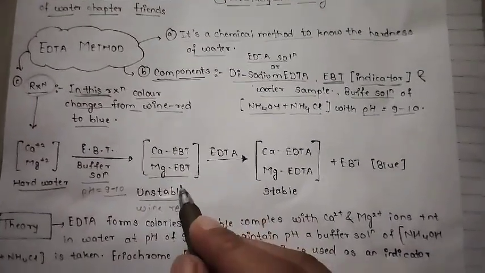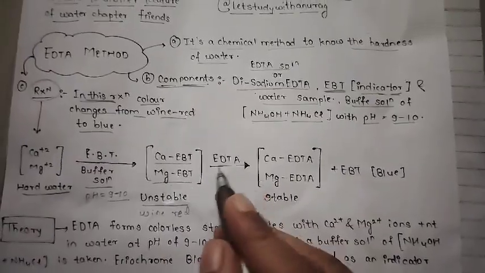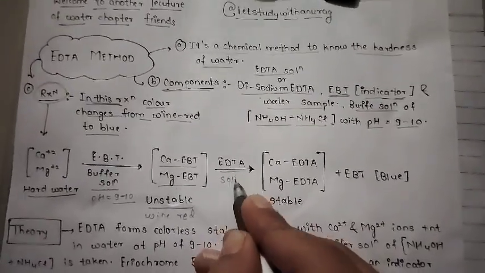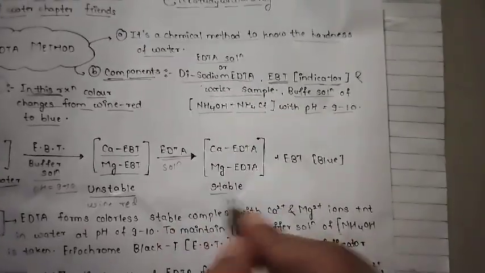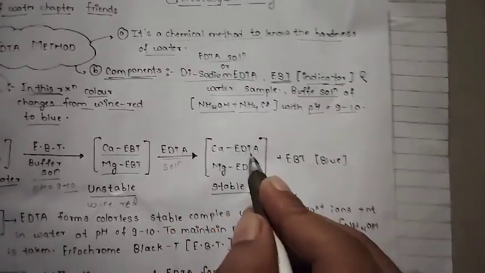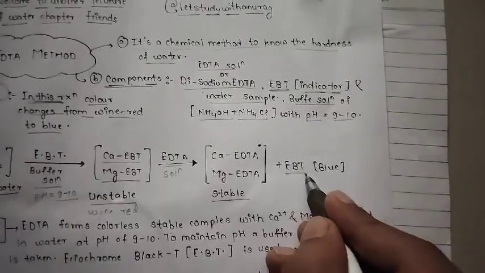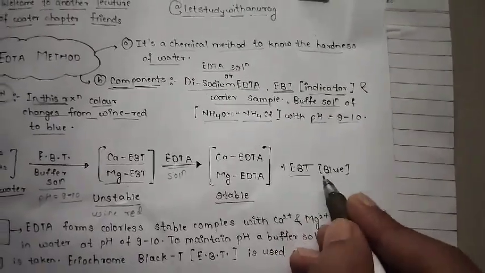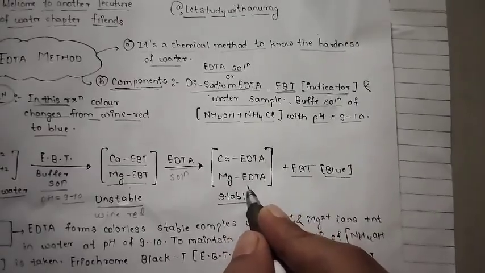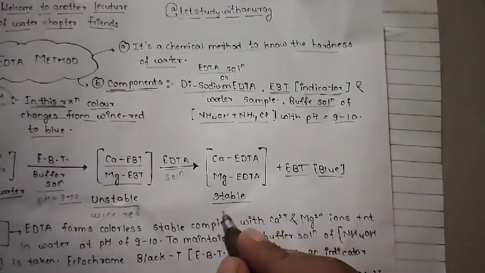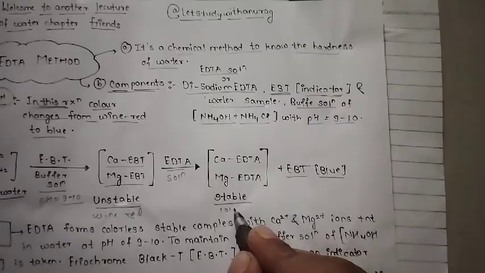Now we are reacting the metal EBT complex with EDTA solution. After reacting with EDTA solution, a stable product of metal EDTA is formed and EBT is set free, which has blue color. And this metal EDTA complex is colorless.